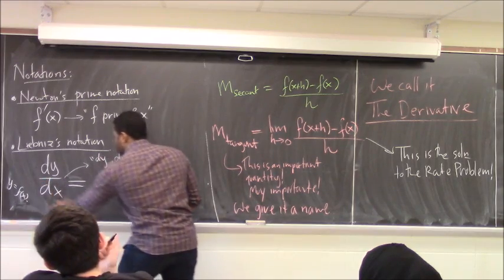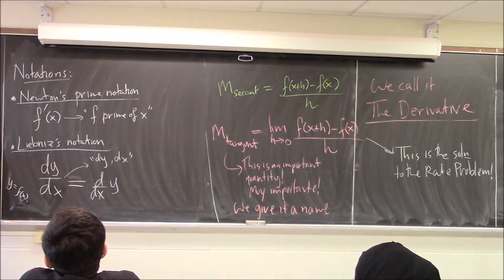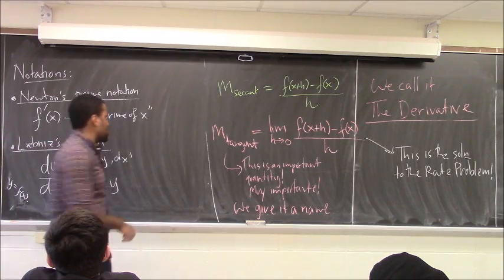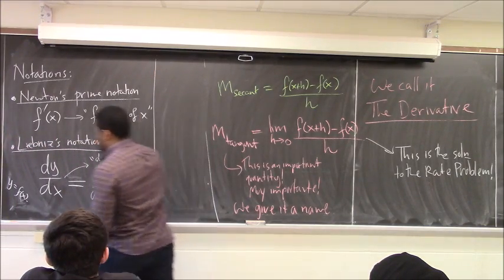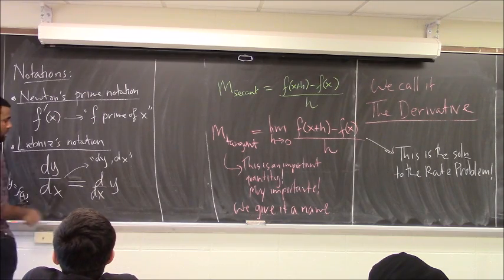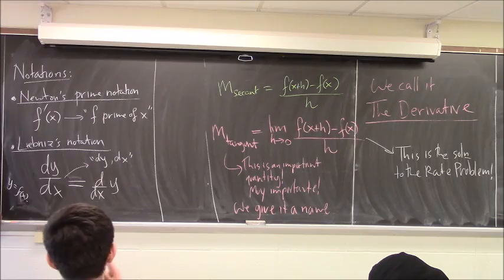Sometimes you can actually multiply both sides by a dx, and in many cases treat this as a fraction, and it fits very nicely in the larger mathematical theory. It's seen in a lot of cases as a valid way of solving a problem by just splitting up a derivative notation. So this is called dy dx, and you can think of it as the derivative with respect to x of the function y.